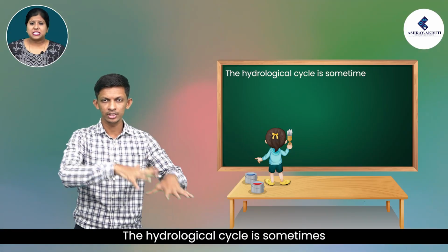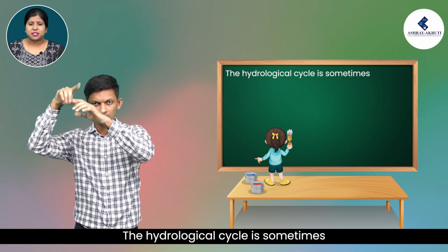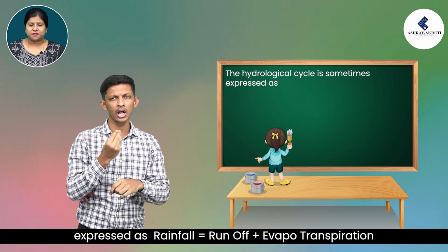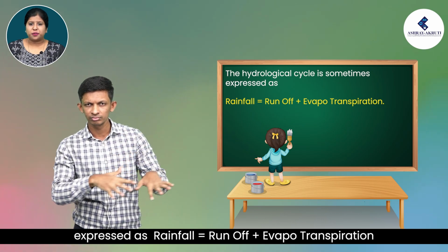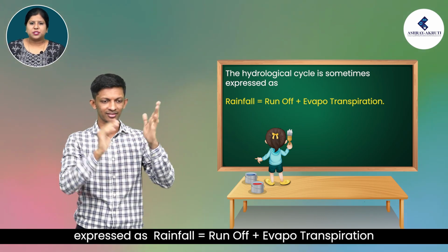The hydrological cycle is sometimes expressed as rainfall equals runoff plus evapotranspiration.